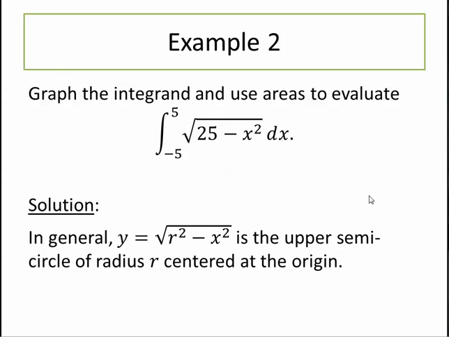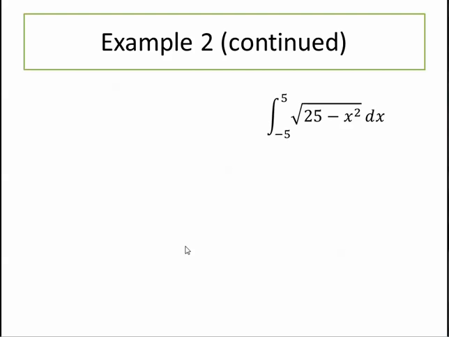All right, so first you have to look at the integrand, which is the square root of 25 minus x squared, and notice that that's of the form y equals the square root of r squared minus x squared, which is the upper semicircle of radius r centered at the origin. So here, 25 is my r squared, so that tells me that r is equal to 5.